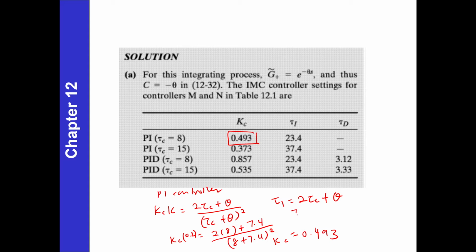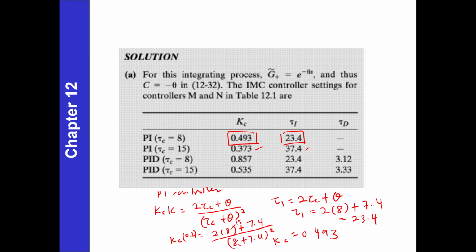How about tau I? 2 times 8 plus 7.4, so it's 16 plus 7.4, which is 23.4. That is how to get this value. Same goes when you have tau C equal to 15. You just change this into 15, and you should get this value and this value.